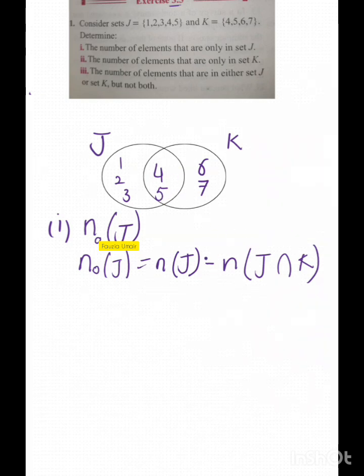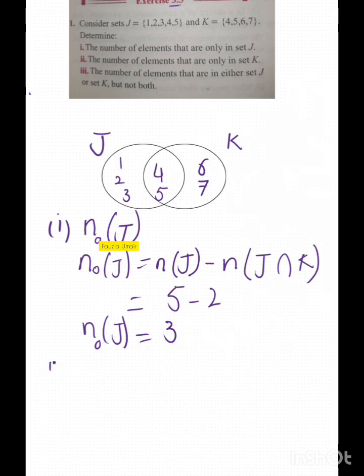If we do this subtraction, we will get the elements which are only in J. So number of elements in J are 5. Number of elements which are in intersection are 2. So there are total 3 elements which only belong to set J.